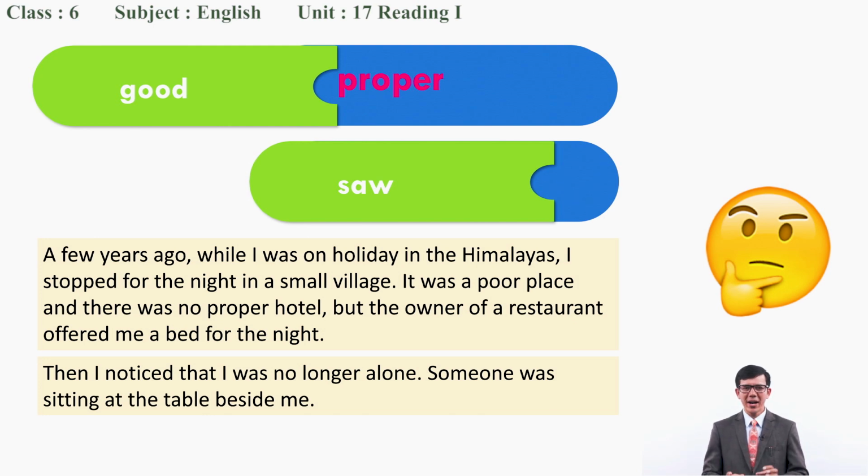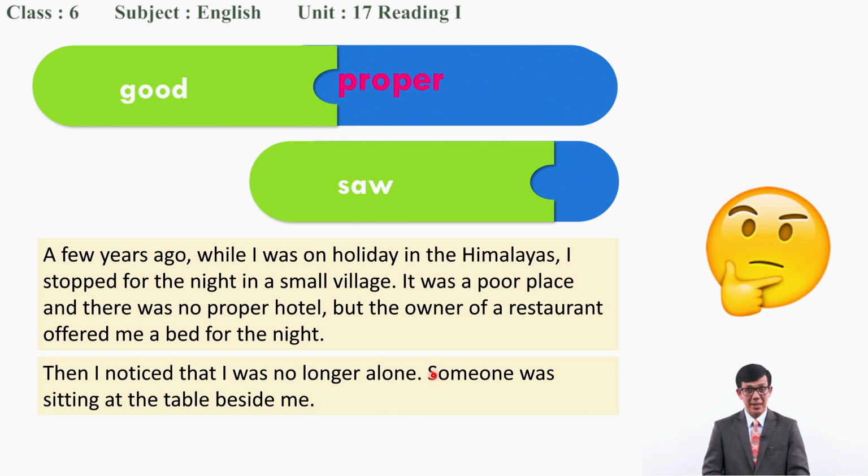Well, so now I have kept the short extract of the story for you, right? So please read this part again and tell me the similar meaning of the word saw. Look here. Then I noticed that I was no longer alone. Someone was sitting at the table beside me. What do you think is the closer meaning to the word saw?